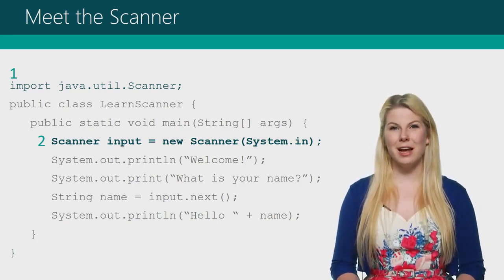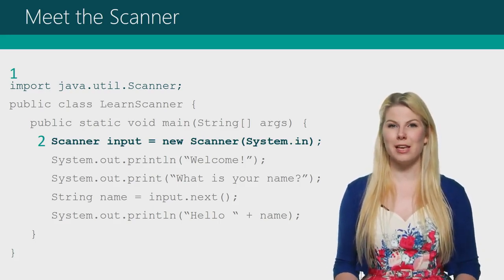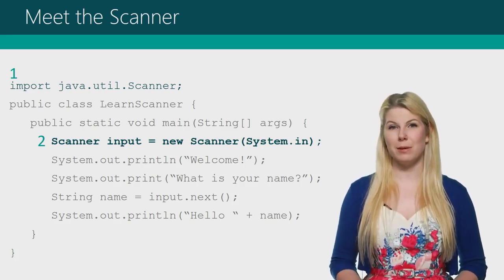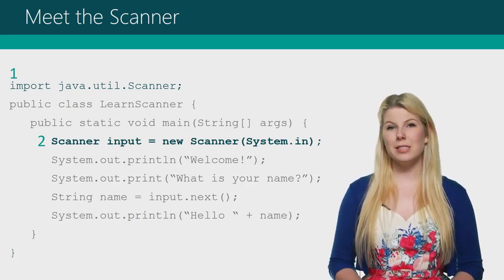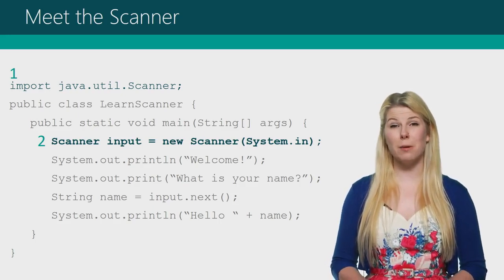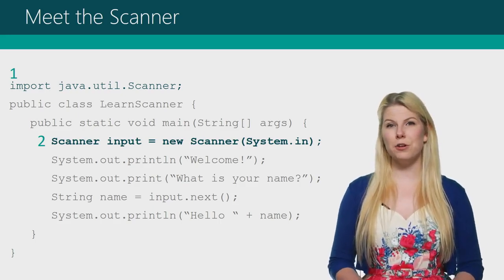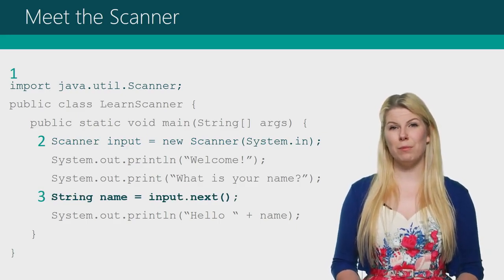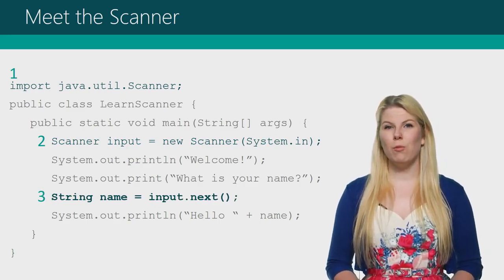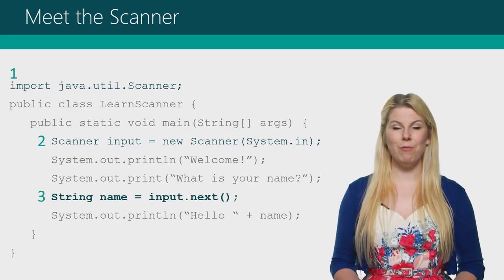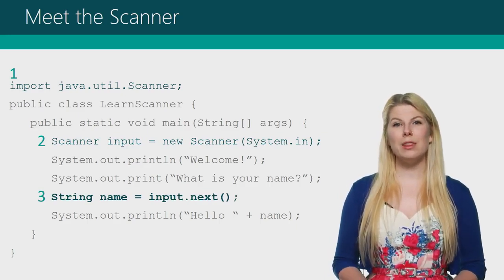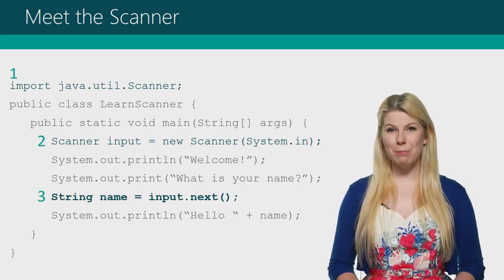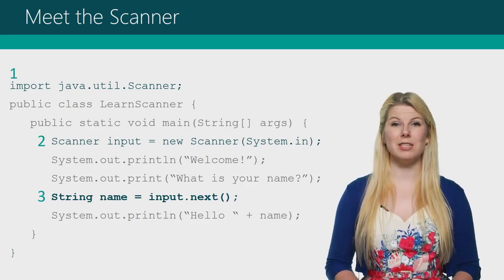Once you've got all this set up, now you're ready to call upon your scanner whenever you want your user to type something in. And so where you place the next piece is very important because it's going to pause your code and wait for your user to enter something in. Here's an example from the program we saw before. We print out a couple lines, welcome, what is your name? And then we know at that point we want to stop the program and wait for the user to type something in.